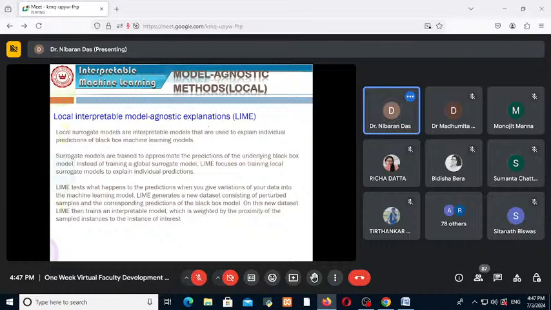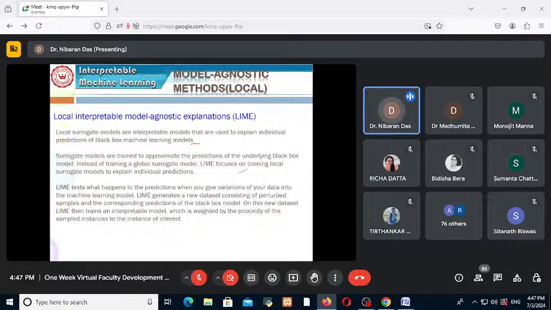Local surrogate models are interpretable models that are used to explain individual predictions of black box machine learning models. Surrogate models are trained to approximate the predictions of the underlying black box model. Instead of training a global surrogate model, LIME focuses on training local surrogate models.